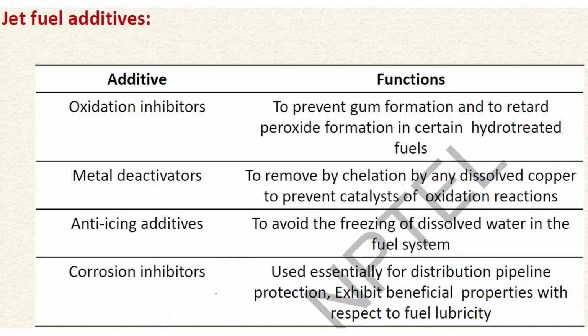These are some of the additives which are used in the jet fuel to improve its quality. That is the oxidation inhibitors, to prevent gum formation, because when this jet fuel comes in contact with atmospheric air, it forms resinous compounds which are called gums, formed due to the formation of peroxide, which acts as an oxidizing agent and promotes the oxidation of the fuel. Therefore, these oxidation inhibitors retard the formation of peroxide, thus in turn reducing the oxidation of the fuel.